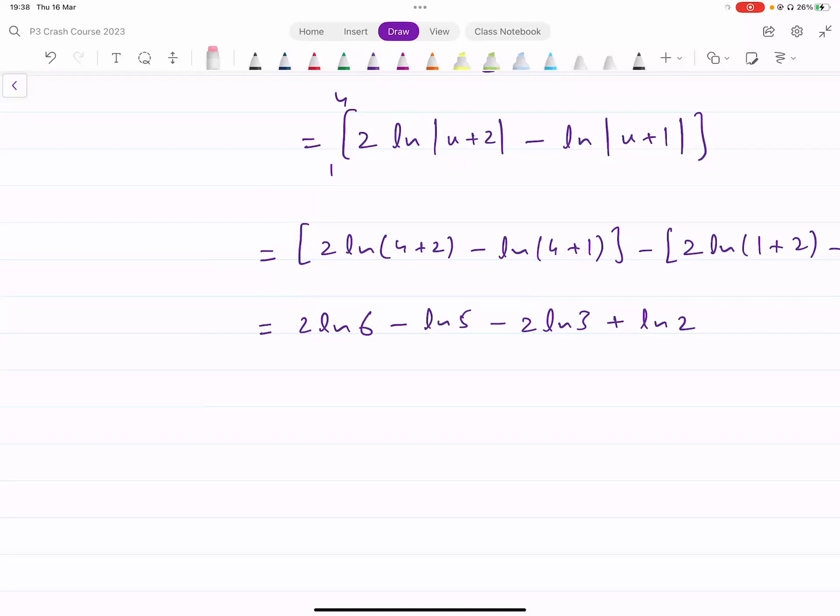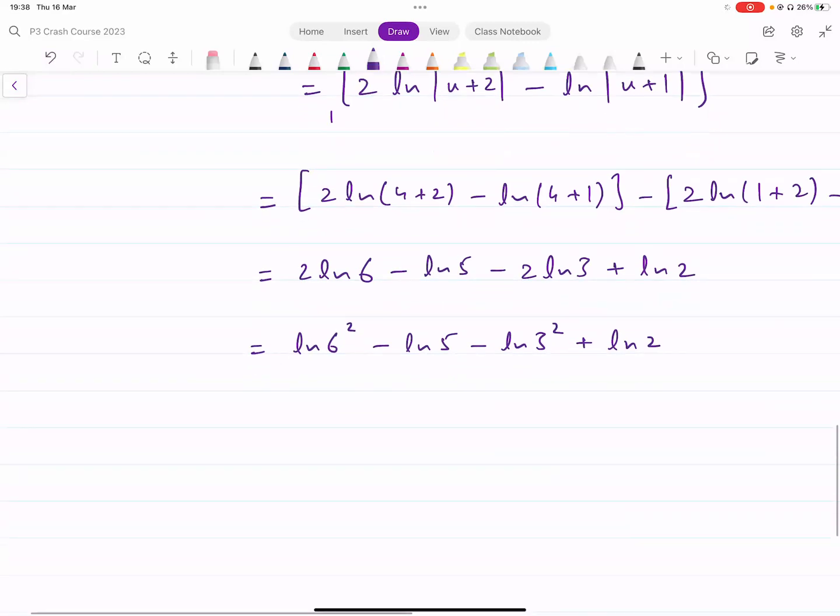So since we have 2 multiplying with ln 6 and ln 3, we can take 2 to the power, so that it becomes ln of 6 squared here. Then we have minus ln 5 minus ln of 3 squared, and then plus ln 2. So we don't have any numbers outside the log anymore. So we have ln 36 minus ln 5 minus ln 9 plus ln 2.